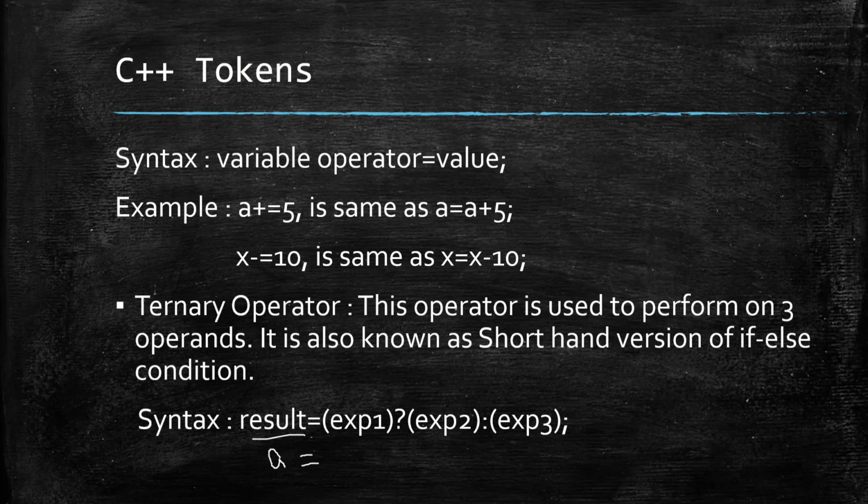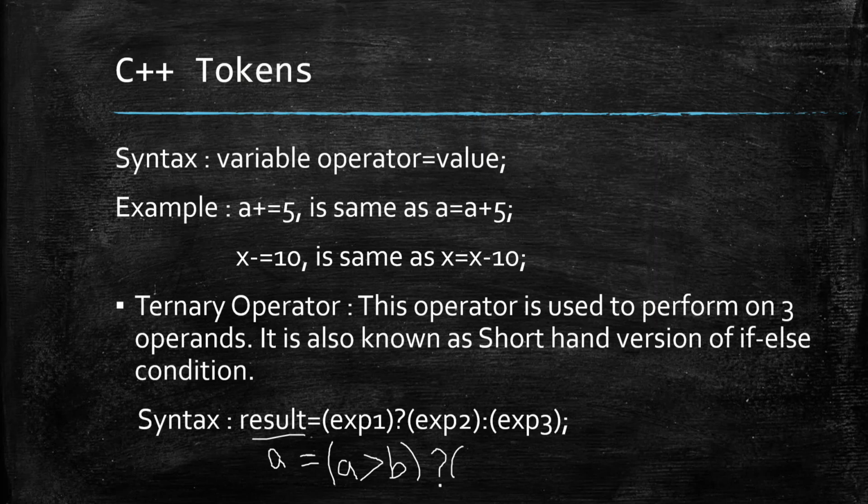In the next slide we'll have the example also, don't worry. Expression 1 is the condition part. Whatever we write in expression 1 is the condition part. Question mark means it checks, right? Condition means the condition has to be checked, right? So here we add a question mark.